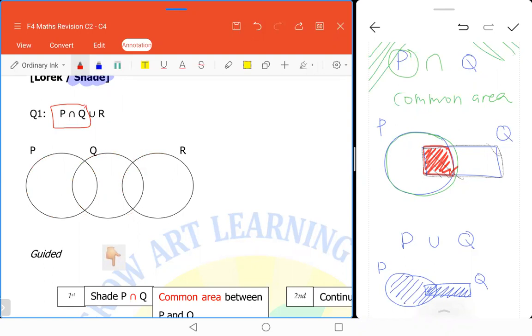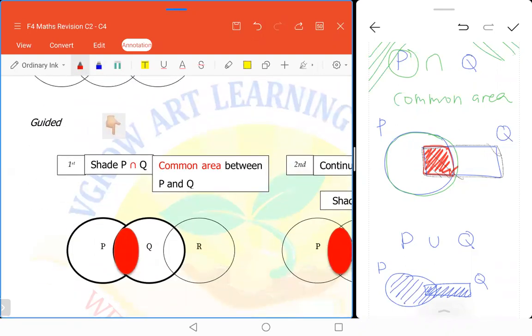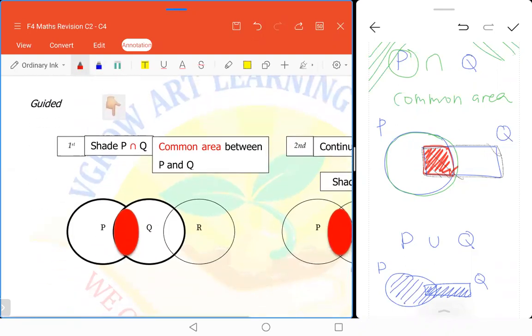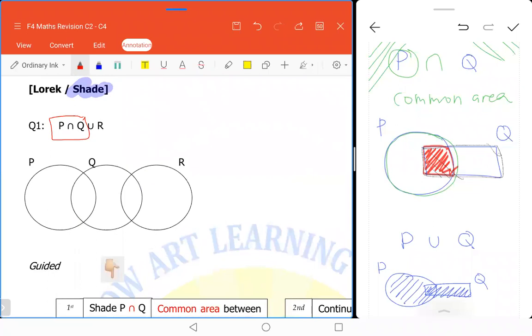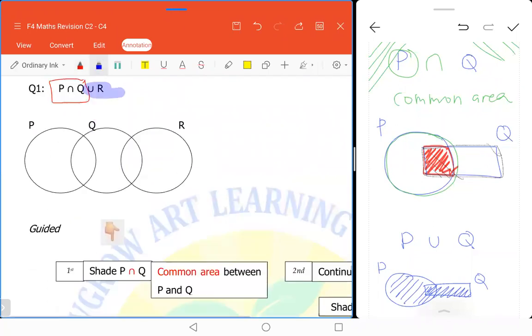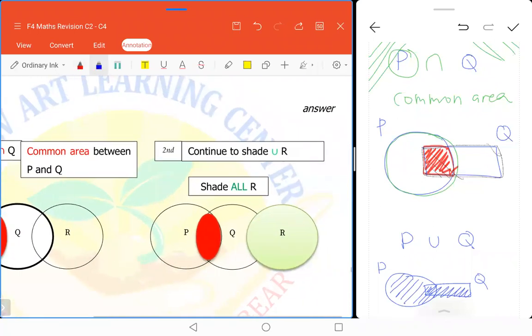P intersect Q. So you shade the common area. So the answer will be the middle one. Okay, the first diagram here. So you shade the middle one. After you shade the middle one, proceed with all R. Shade all R. So R is here. So you shade all R. So after you shade, leave the answer like this. That's the answer we want.